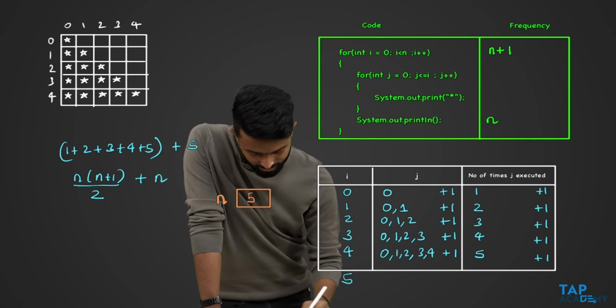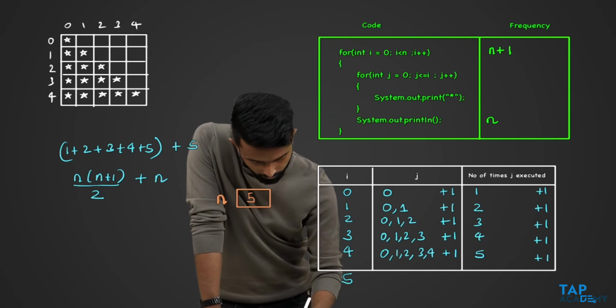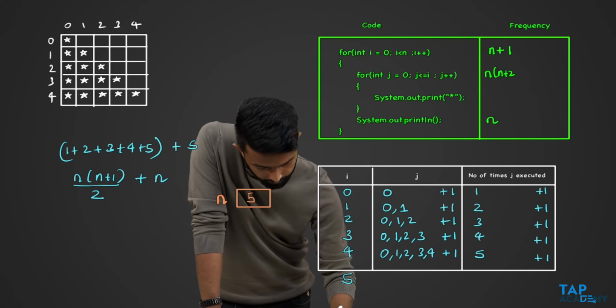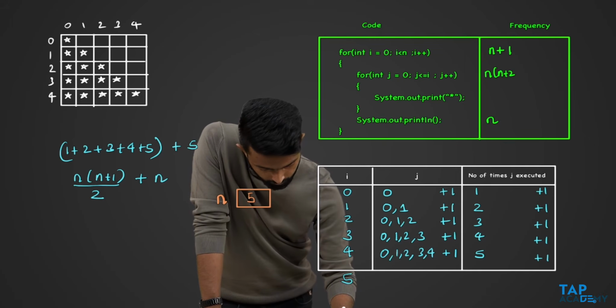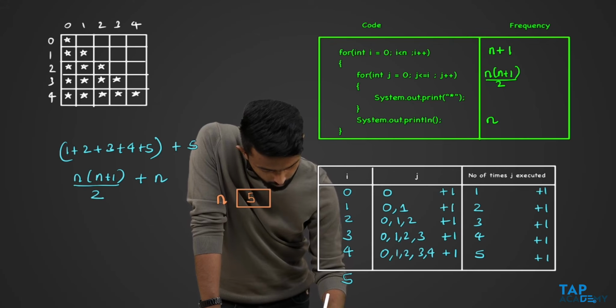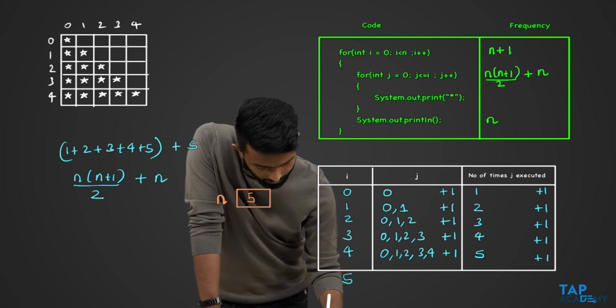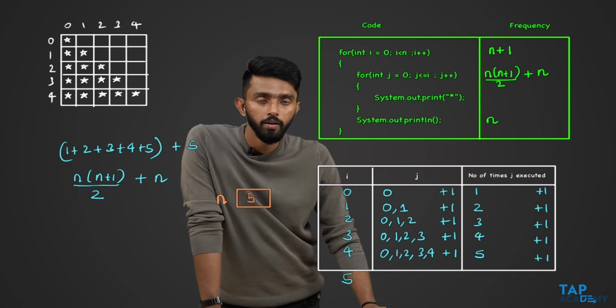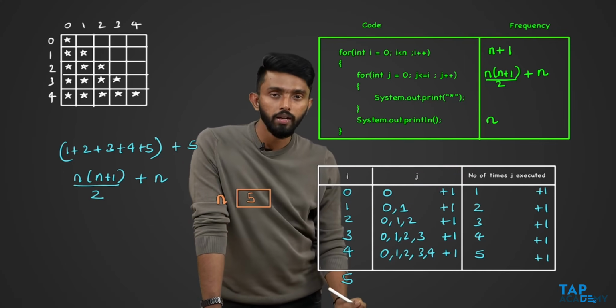And hence, I will have to go here and write this is nothing but n into n plus 1 divided by 2 plus n. I hope you are able to think, right? Oh, correct, sir. Correct, sir.